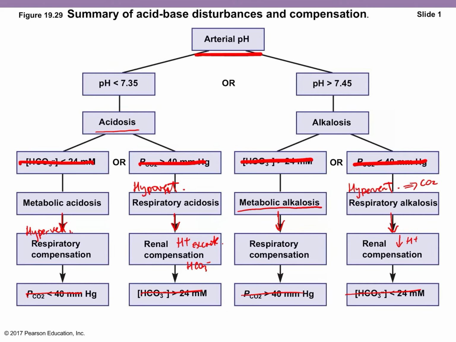This can be caused by, again, increased vomiting, or eating foods that are very, very basic, or somehow getting a lot of bicarbonate or some kind of alkaline foods in you. The respiratory system can compensate, right? You're going to hypoventilate, so you increase your CO2 in your bloodstream. And then the kidneys can compensate by decreasing the hydrogen ion secretion and decreasing the bicarbonate reabsorption. So they are working together to maintain acid-base homeostasis.